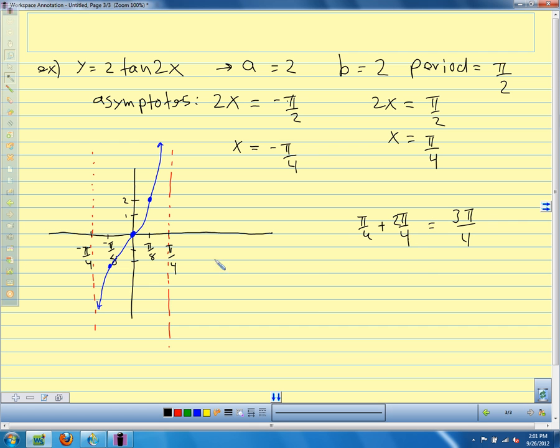So I end up with 3 pi over 4. So I would have another asymptote at 3 pi over 4. I didn't make that quite big enough for my scale here.